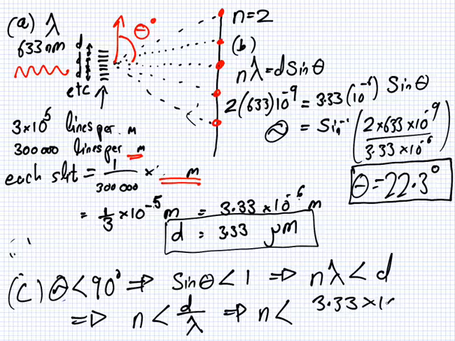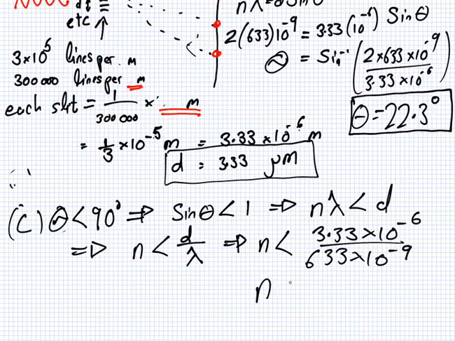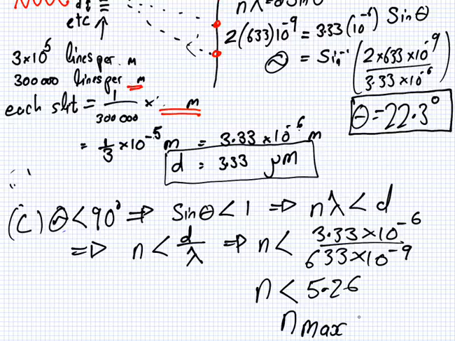Part C. The highest order diffraction line that is observable with this red light. Okay. So the biggest one, well, if you think about it, theta must be less than 90 degrees. So put it in red here. So theta must be less than 90 degrees.